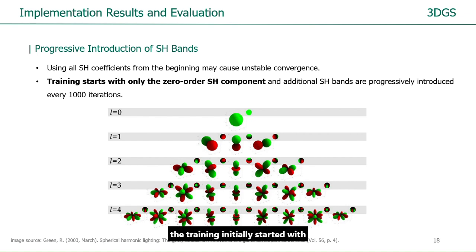Therefore, the training initially starts with only the zero-order band, which does not model view-dependent color variations. Then, every 1000 iterations, an additional SH band is progressively introduced during training.